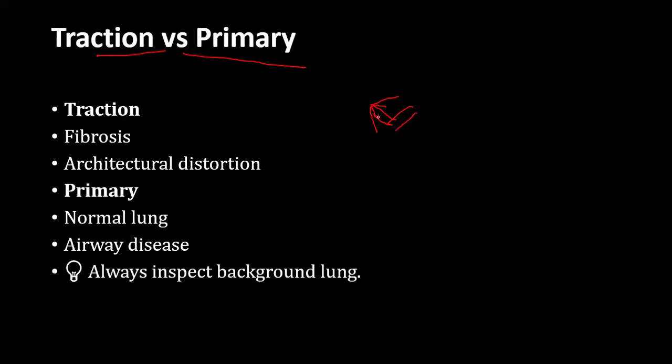So the architecture will be distorted, and the bronchi will be dilated. So it is basically a traction bronchiectasis seen adjacent to fibrosis. But in primary bronchiectasis, normal lung will be seen adjacent to it, and no fibrosis will be seen in the background of those patients.